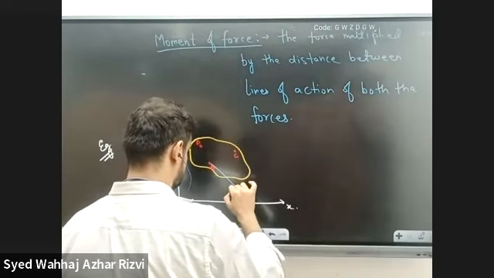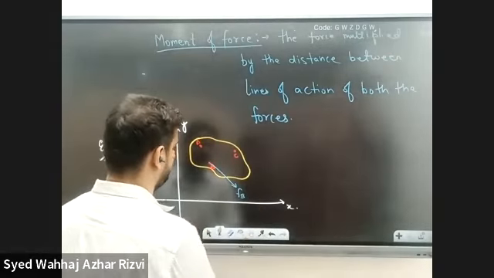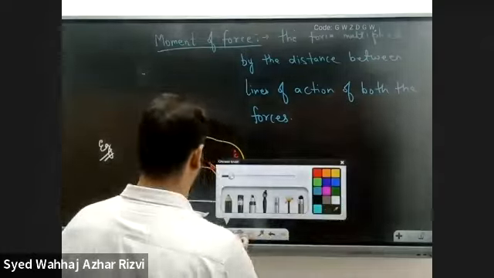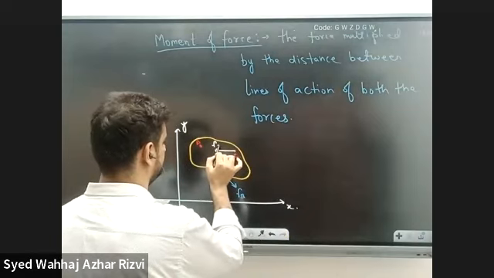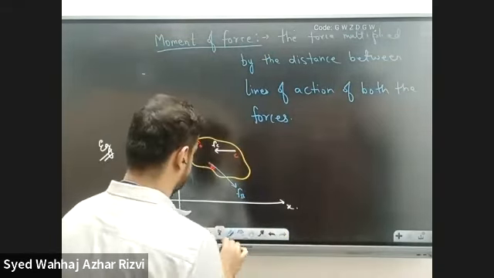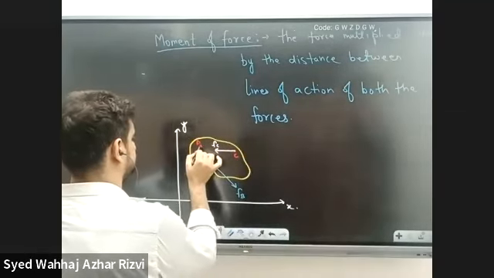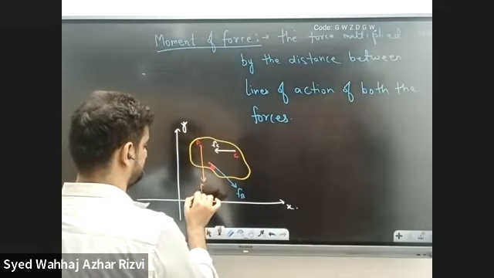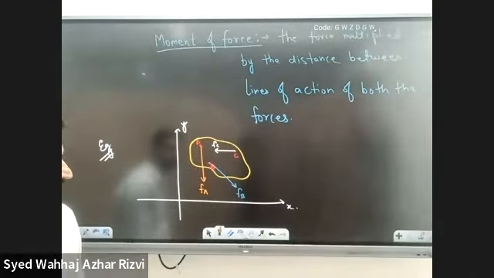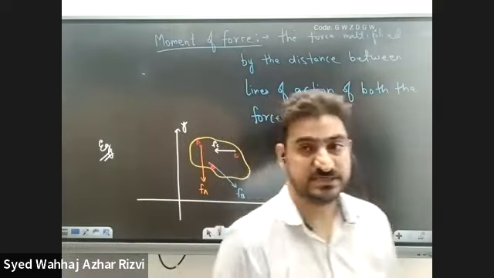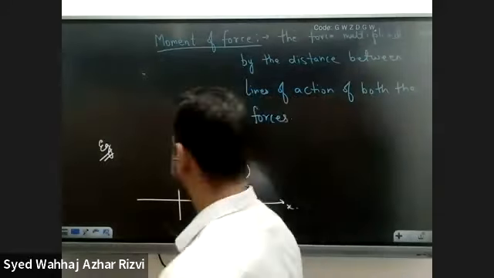Let's say the force on B is FB, the force on C is FC, and the force on A is FA. Right? Now we want to know what would be the turning effect of all these three forces.